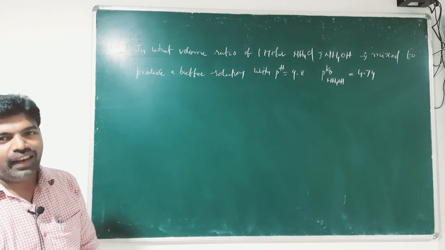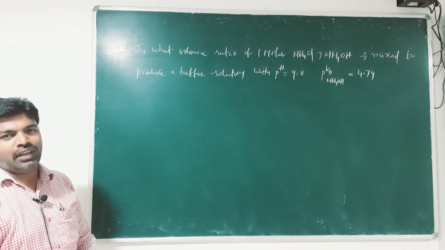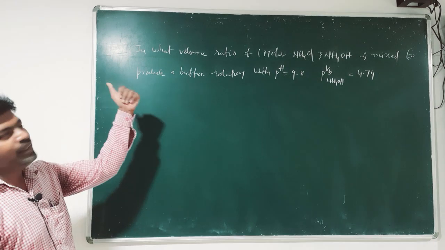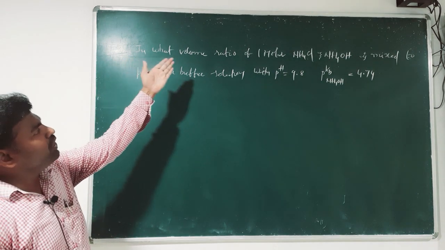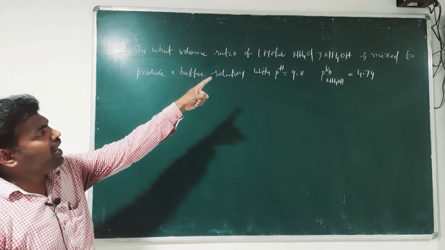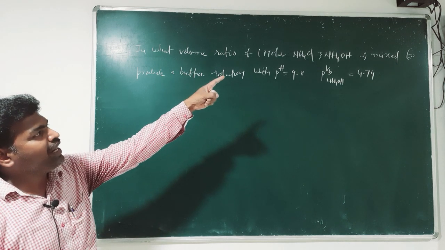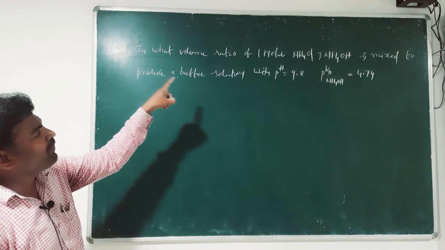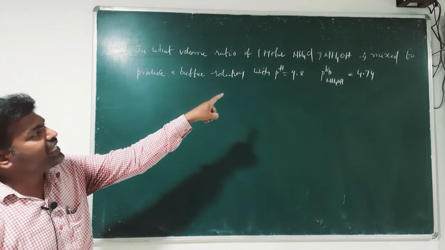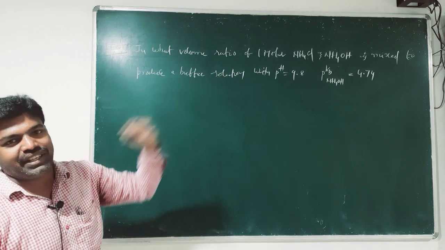Okay, in continuation to the previous video, problem 6 is: in what volume ratio should 1 molar ammonium chloride and ammonium hydroxide be mixed to produce a buffer solution with pH 9.8?